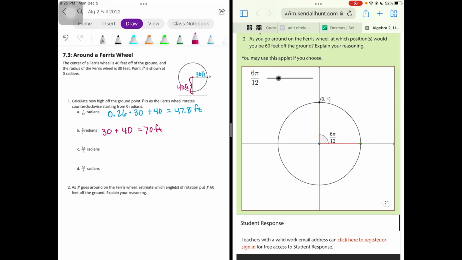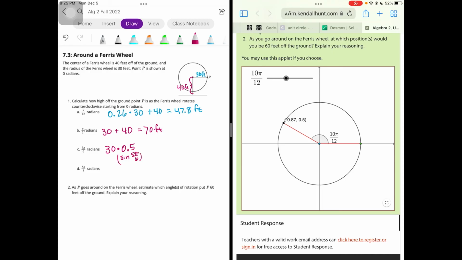All right, and then at 5 pi over 6, which is the same thing as 10 pi over 12, we're right there. And that's going to be that y value, the sine value, times 30 because the radius is 30, not 1 for the unit circle, right? So we've got 30 times that 0.5, which is the sine of 5 pi over 6.